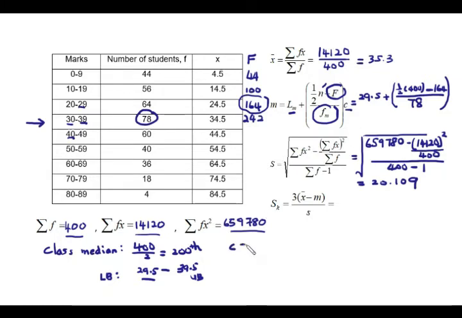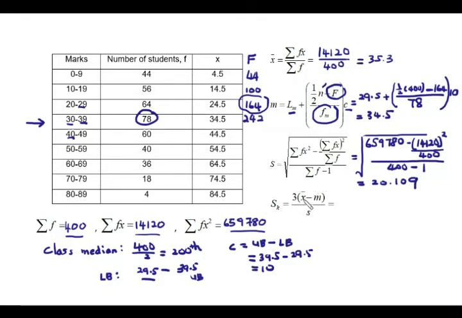C equals upper boundary minus lower boundary, which equals 39.5 minus 29.5, which equals 10. So times 10. The result equals 34.5.